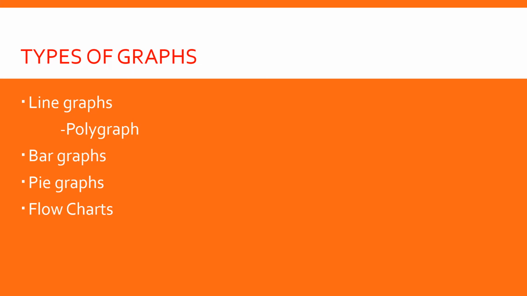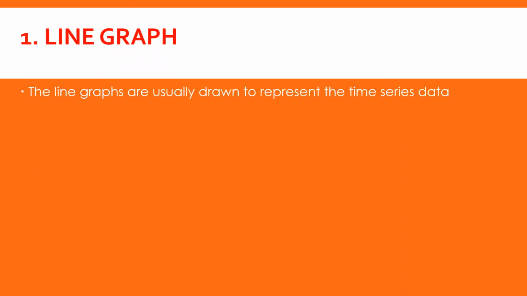Types of graphs. Okay, so we have line graphs. One common type is the polygraph. Then we have the bar graph, the pie graph, and the flow chart. So again, what is a line graph?